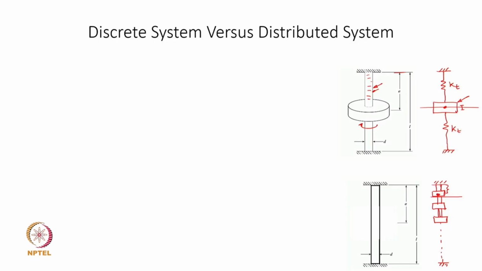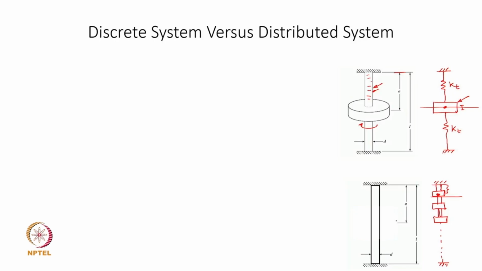So in such cases it is important for us to also look at an alternate way of modeling this vibratory system, particularly when this kind of lumping is expected to generate inaccurate results, and if you are interested in the precise estimation of natural frequencies of the system.